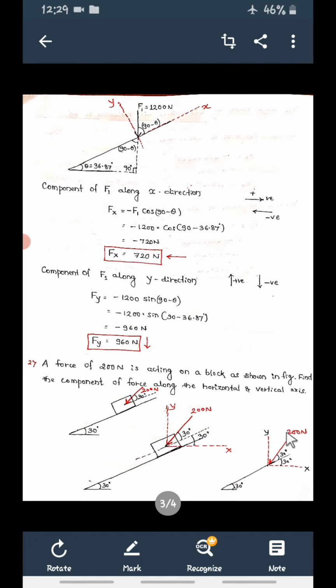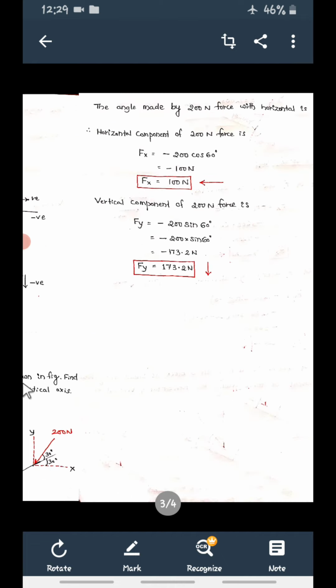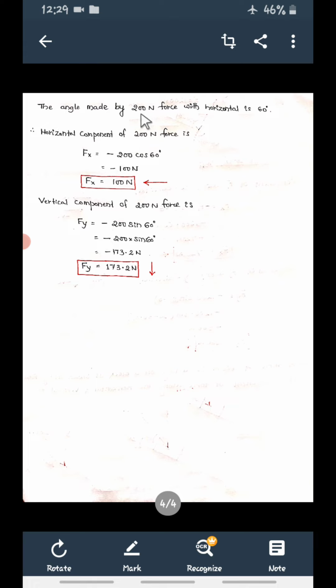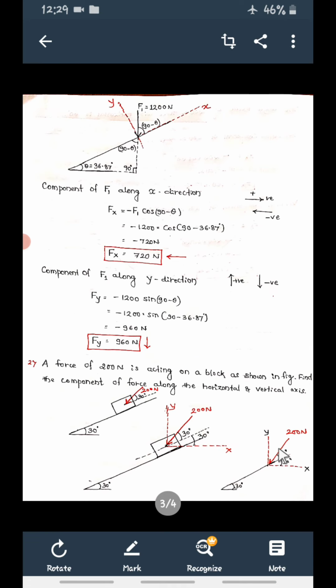So I have drawn here, this is 200 Newton. This is 30, this is 30, and the total angle is 60 degrees. So the angle made by the 200 Newton force with the horizontal is 60 degrees. Therefore, the horizontal component of the 200 force is, now see, make this force horizontal along the x-axis. So what is 200 cos 60?